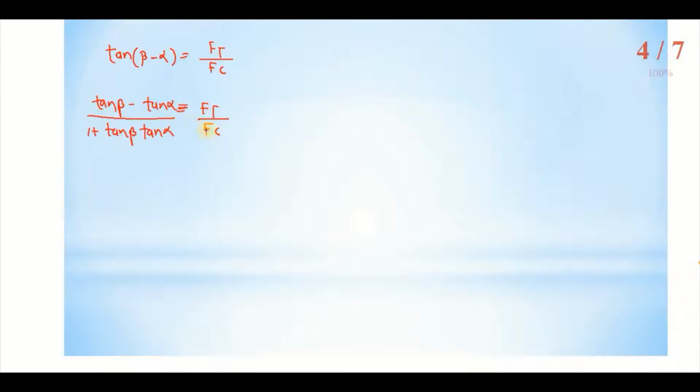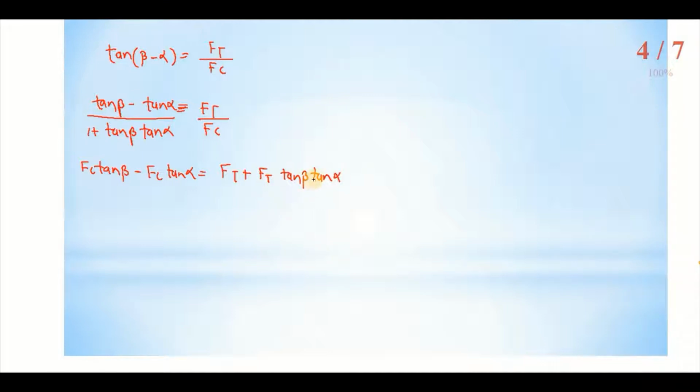If you multiply Fc with the numerator and Ft with the denominator, we get Fc tan beta minus Fc tan alpha equal to Ft plus Ft tan beta tan alpha.